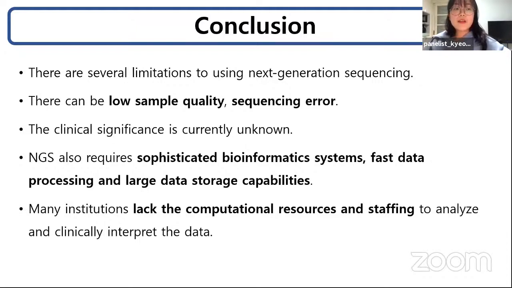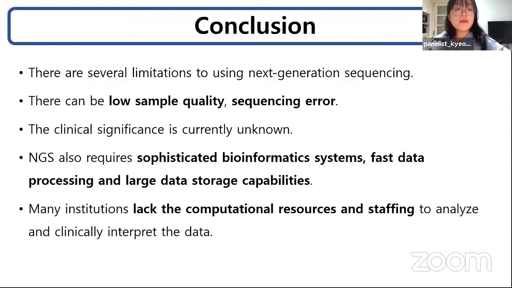There can be low sample quality from DNA damage or sequencing error. For many of the identified abnormalities, the clinical significance is currently unknown. Next generation sequencing also requires sophisticated bioinformatics systems, fast data processing, and large data storage capabilities.